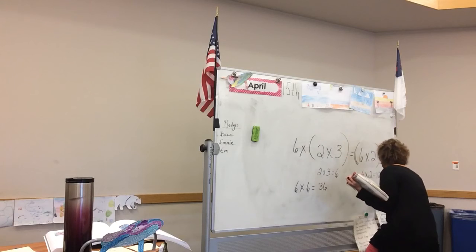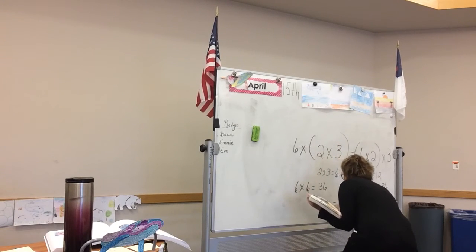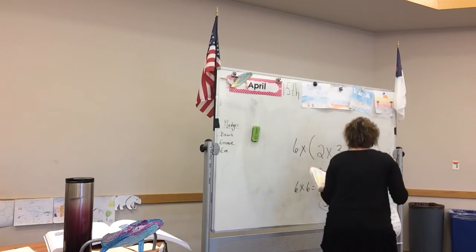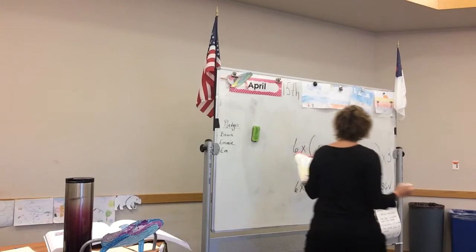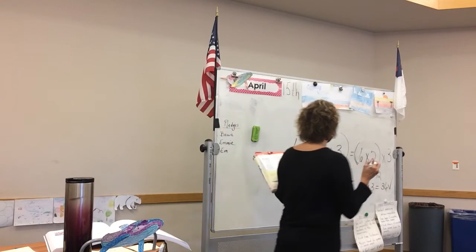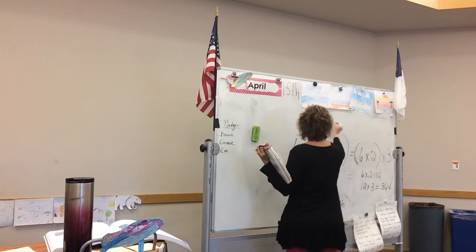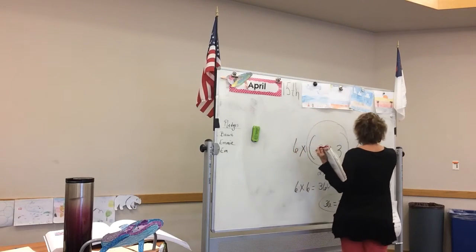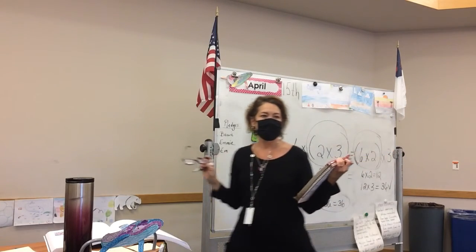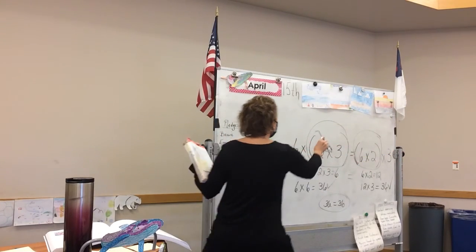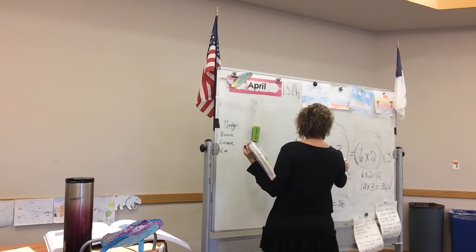Oh, look at that. You work the parentheses first, and then remember how we did way back when. Follow the signs. You start first, work down 2 times 3, and then you work 6 times 6.